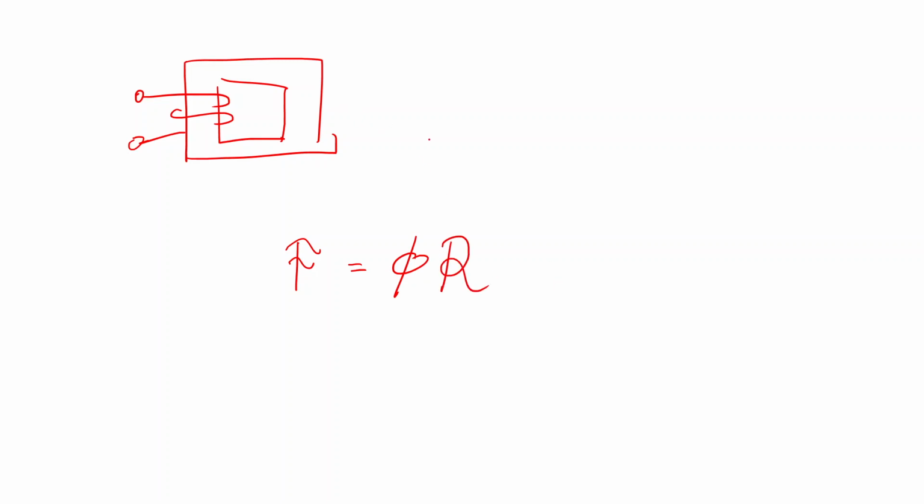And what is reluctance? L divided by mu A, where A is the cross-sectional area and L is the total range, the average range of the flux path.